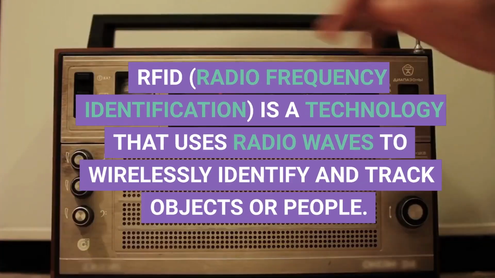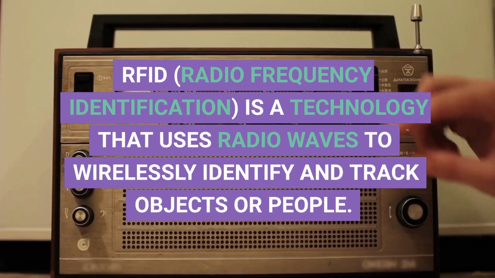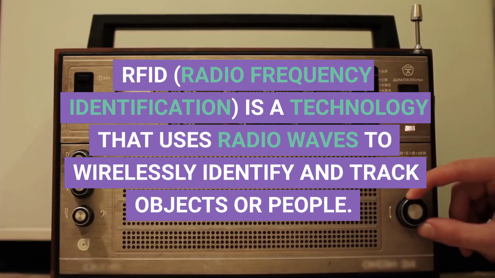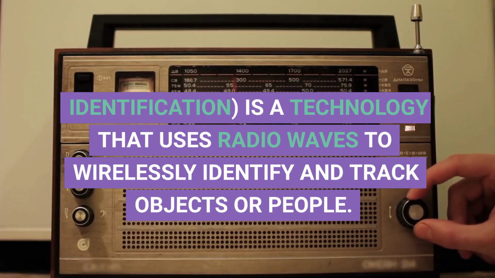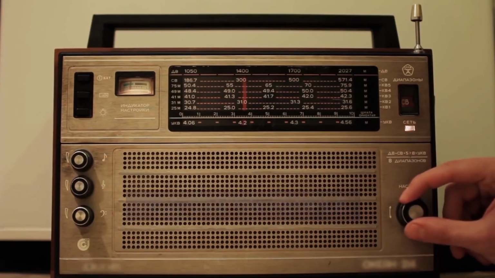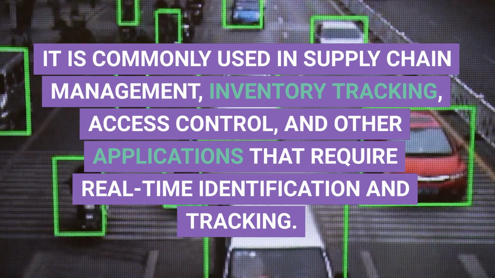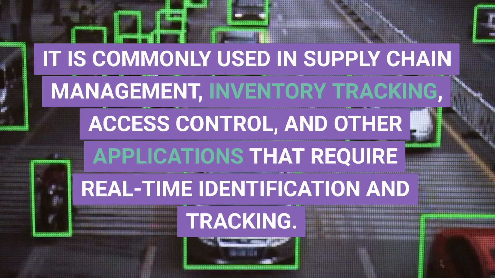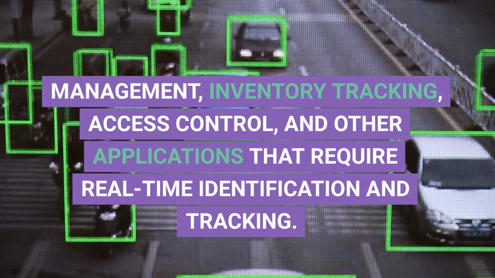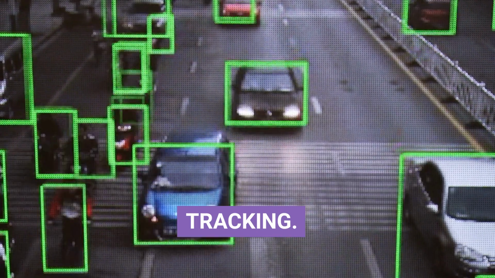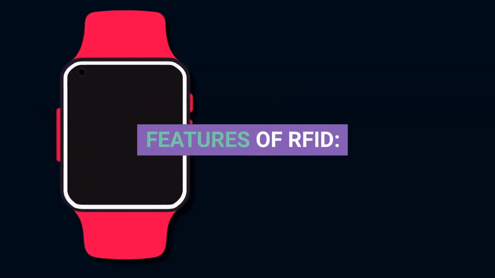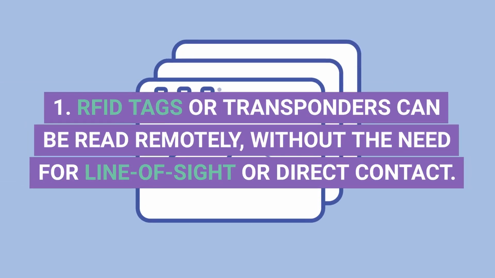RFID. RFID, radio frequency identification, is a technology that uses radio waves to wirelessly identify and track objects or people. It is commonly used in supply chain management, inventory tracking, access control, and other applications that require real-time identification and tracking. Features of RFID. 1.